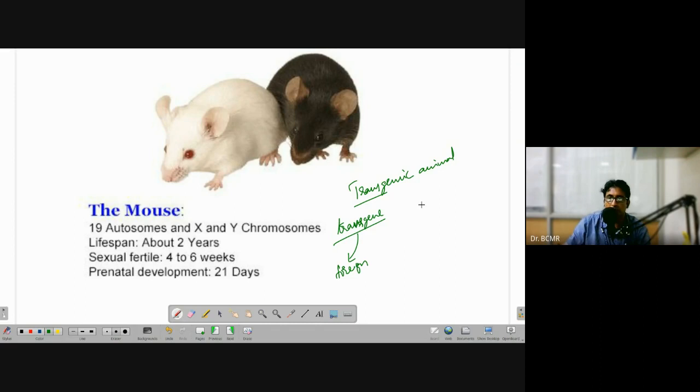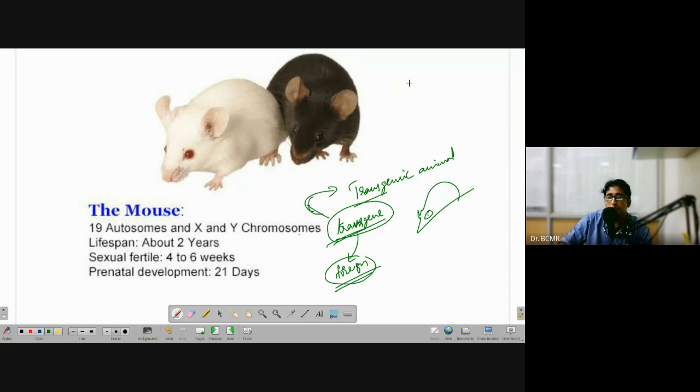If you put a gene into the genome of an organism, then it is transgenic. You can also say any transgenic manipulation, or genetic manipulation, done can eventually also become the transgenic animal.